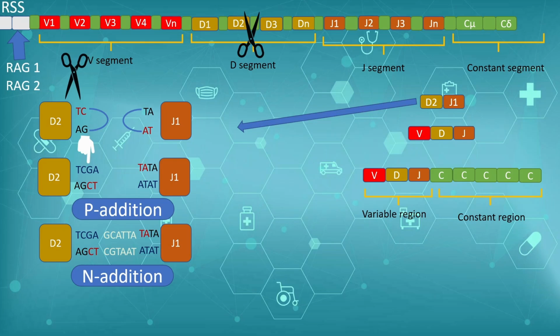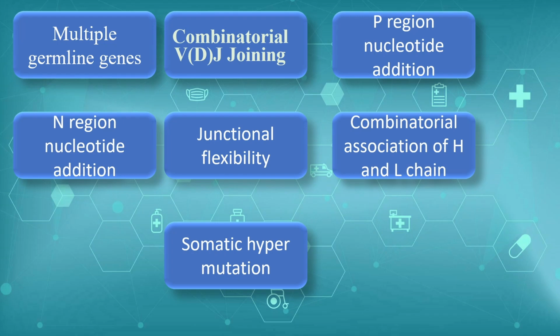After it forms the heavy chain and the light chain, it will recombine the heavy chain and light chain, and that also creates additional diversity. So all these factors contribute to diversity generation in T cell and B cell receptors. But for the B cell receptor, once it has this receptor within the primary lymphoid organ, it will migrate to the secondary lymphoid organ. Then it will wait for the antigen.